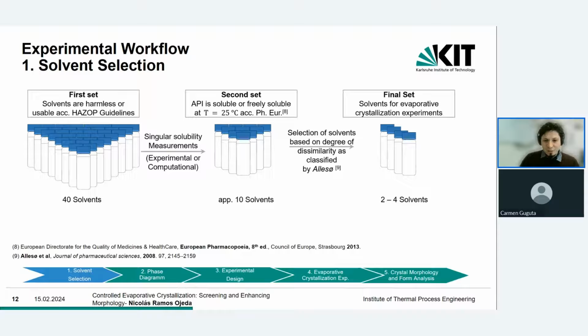And if you have solvents positioned in opposite corners, that will be the highest degree of dissimilarity. So we select the solvents based on this degree of dissimilarity. In that way, we believe that the interactions between the API and the solvent will be very different among the solvents that we selected, and it could impact the crystal morphology.